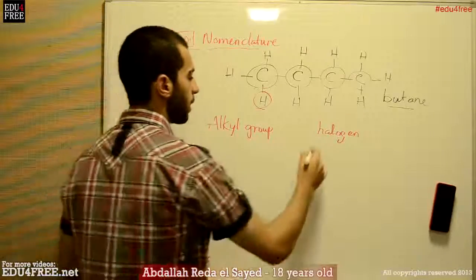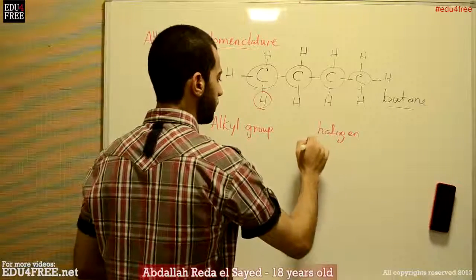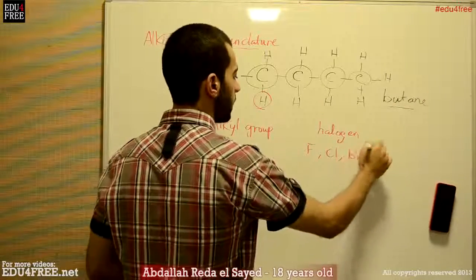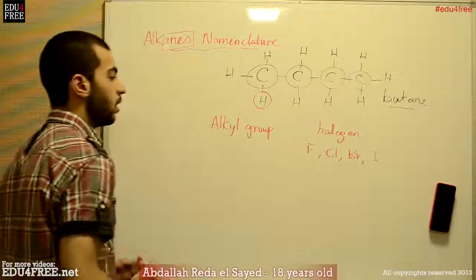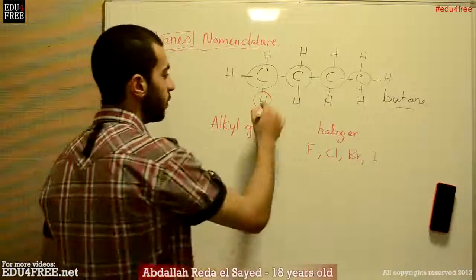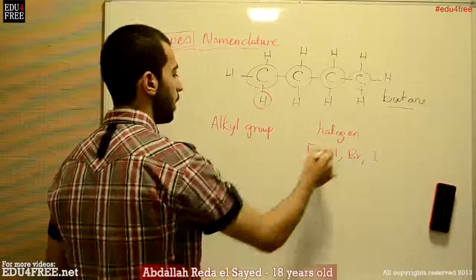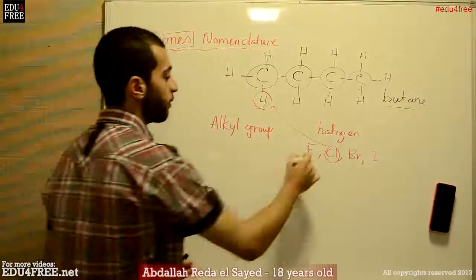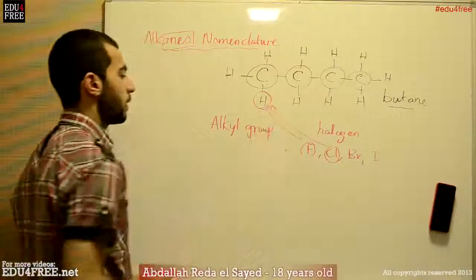So halogens are fluorine, chlorine, bromine, and iodine, and they can form single bonds with carbon. So we can remove this hydrogen and put a chlorine in here, for example, or fluorine, and so on.